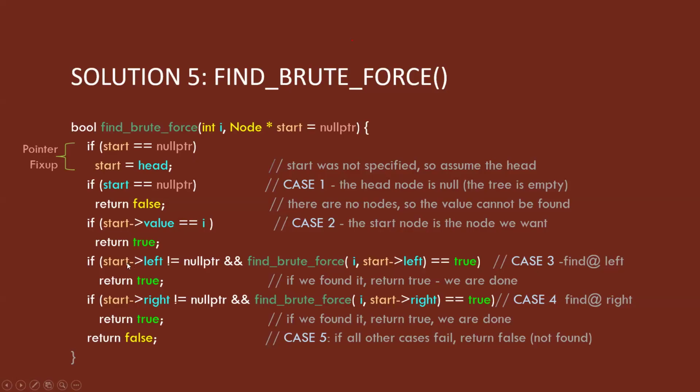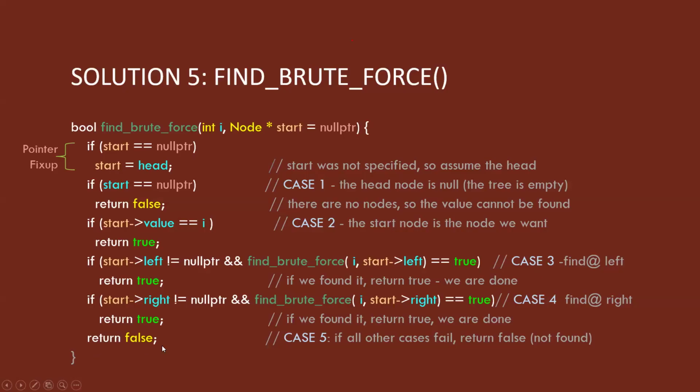And we don't want to go down that left branch if the left branch is null, because we would probably mess up our search. We would be sending a message that we're starting at the head again, and we'd be in an infinite loop, basically. So we need both of these checks to know that it's done, and we can return true up the stack. Okay. Same thing for the right side.